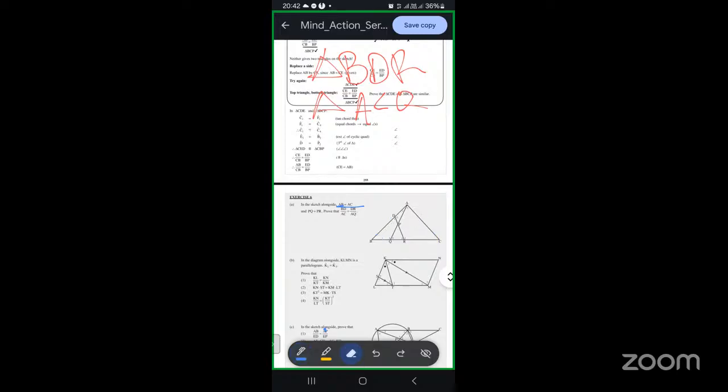And then we went to that other information here, PQ and PR. That implies that triangle PQR is isosceles and that angle will.